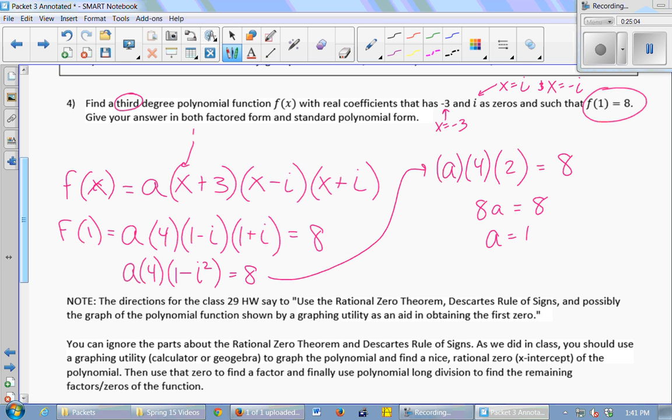So I'm not quite done yet. That's not my answer, right? Because the question was to find a polynomial. But now I know that my polynomial is this thing that I wrote up here, f of x, but instead of a, I put a 1. So I'm running out of room. I'm going to put this on a new page.